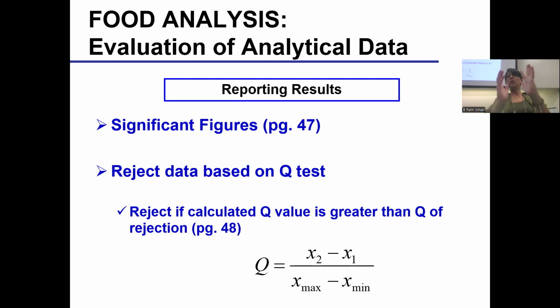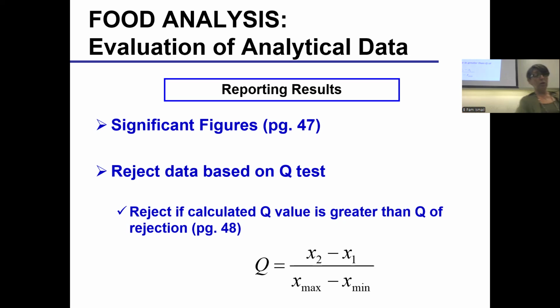Take the absolute value of the difference between this data point and the one that is closest to it, so X2 minus X1. Then you divide by the range of the data, meaning the maximum value minus the minimum value. That's the range of your data. And you get a calculated Q.